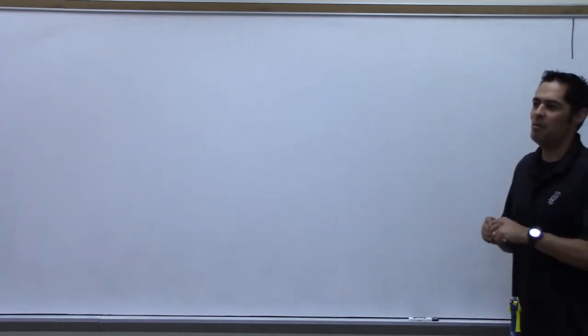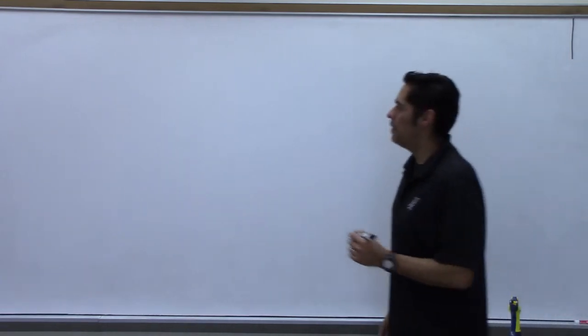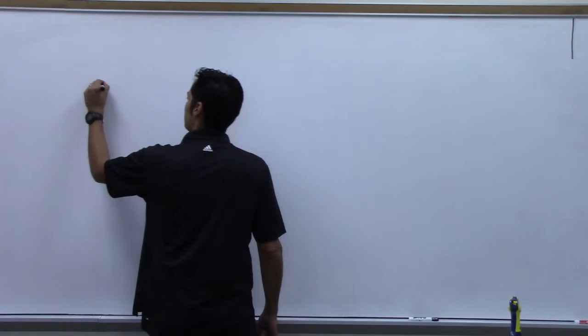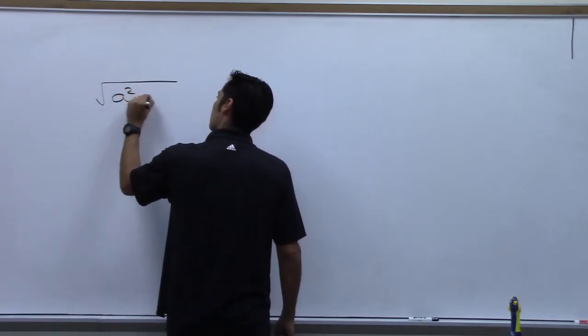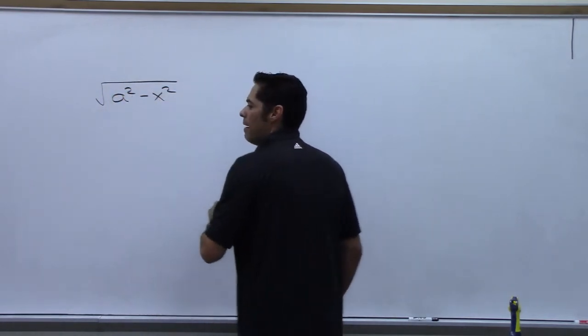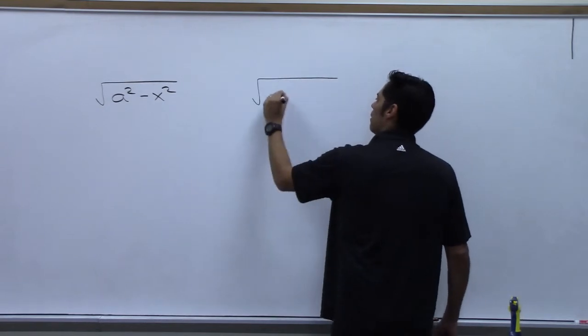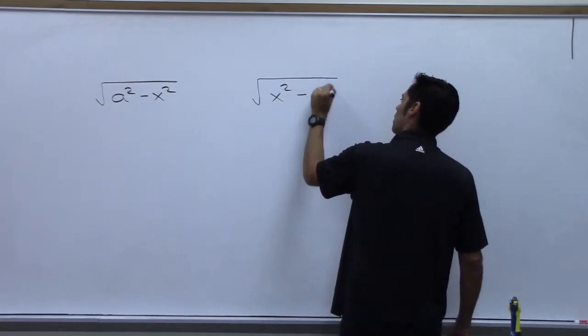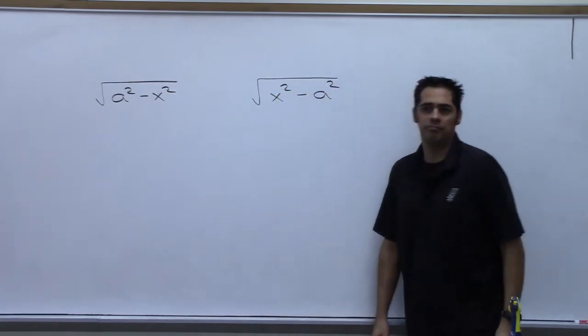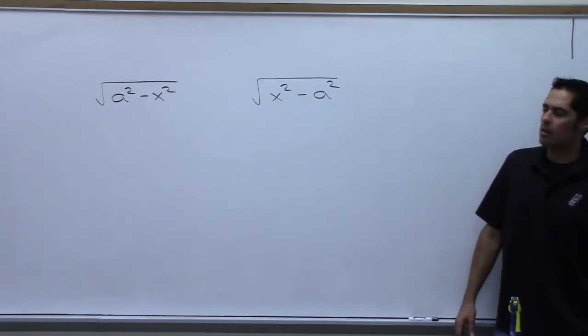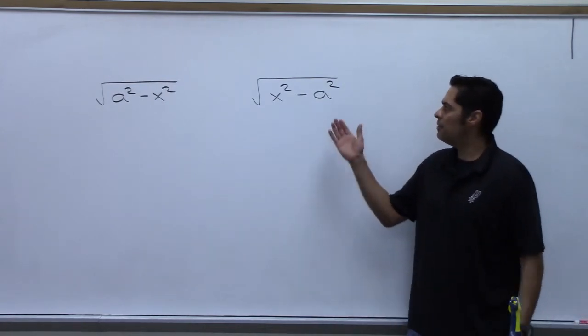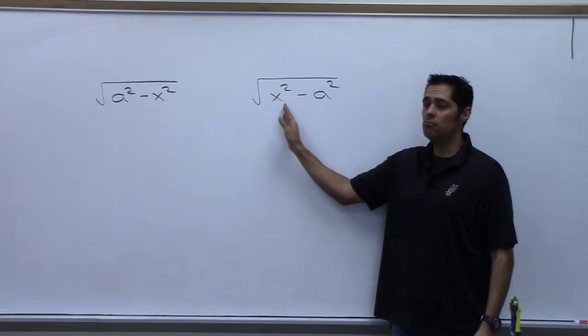Yeah. Now, what happens if instead of this, we have this. Are those the same? No. They're not, right? Now you might say to yourself, well, I can just factor out a negative from here, right?